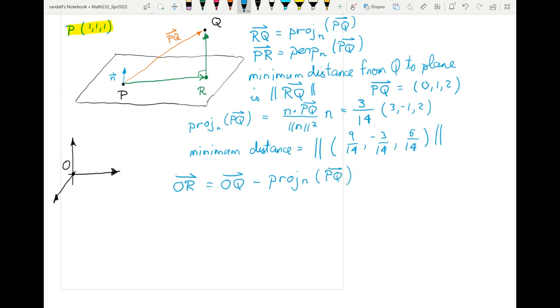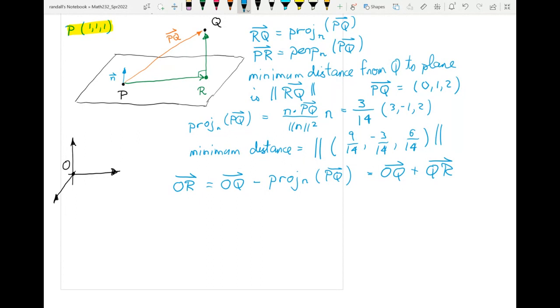That's the vector pointing from Q to R. So this will be O to Q plus Q to R.